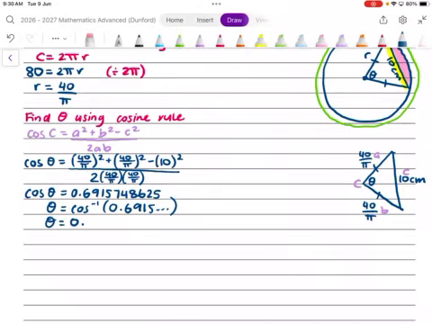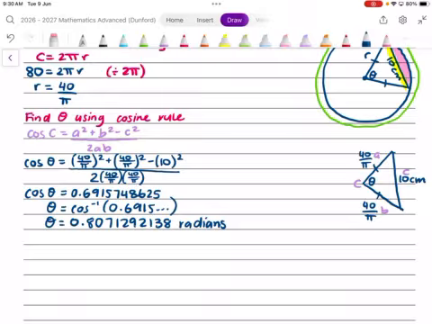So it's 0.807292138 radians is our unit of measure that we want to be using. Now, that is our angle theta. I'm going to store that in my calculator as A. Okay, I'm just going to write a little A in brackets next to it so I don't forget in the next 2 minutes which letter I've stored it as.